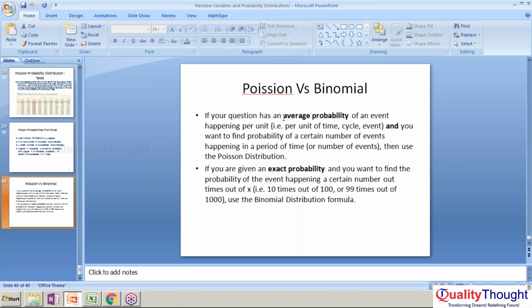Whenever your question or problem involves an average probability of an event, then you prefer the Poisson distribution. If you have something like an exact probability, you go for the binomial distribution. Good? Are you good? Understand? All of you.